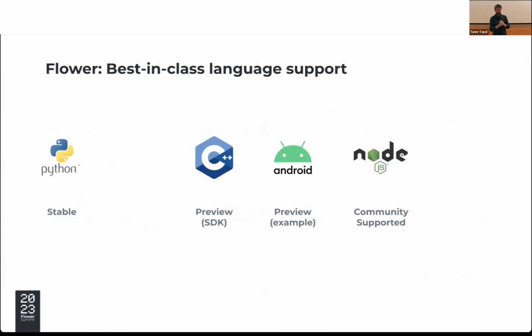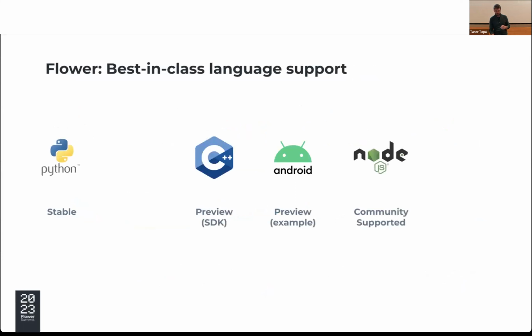In terms of edge client support, the Python SDK has been stable for quite a while now. It's the major way to get started with Flower, and in the server environment and cross-silo environment, it's the go-to way to build Flower clients.